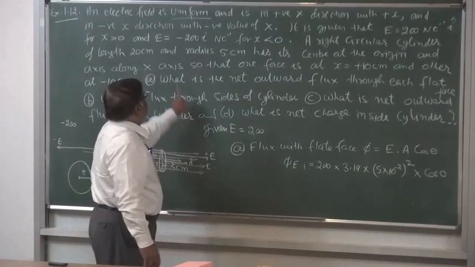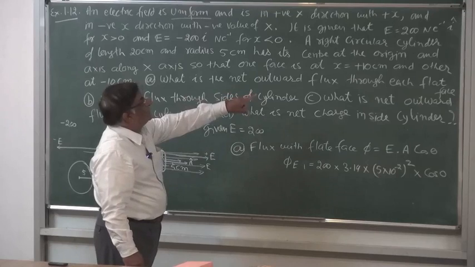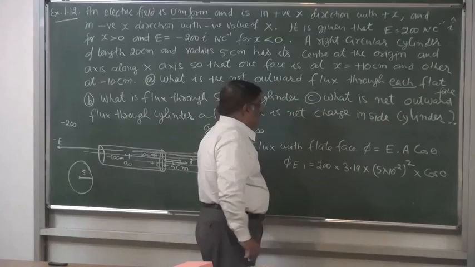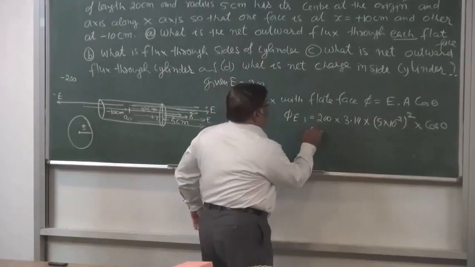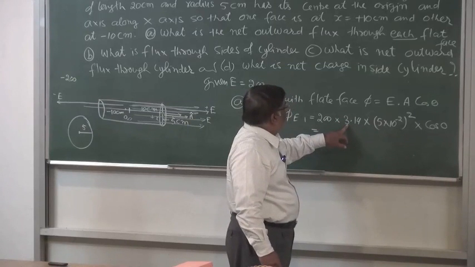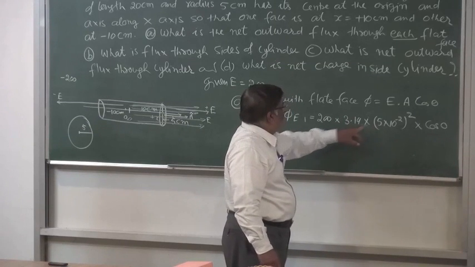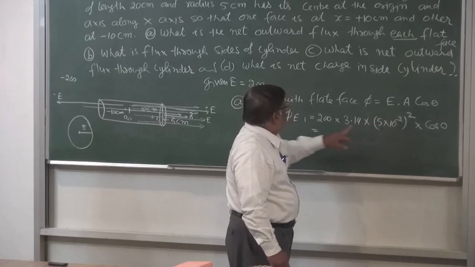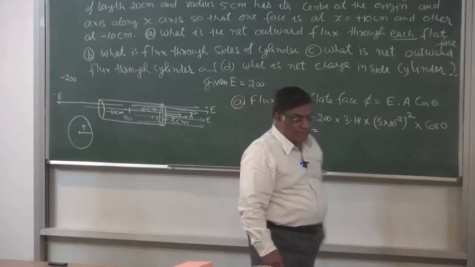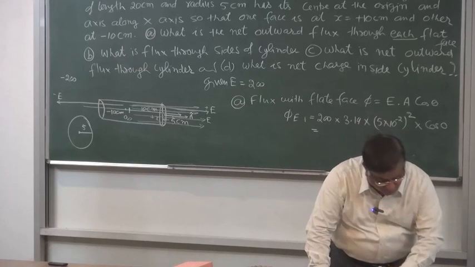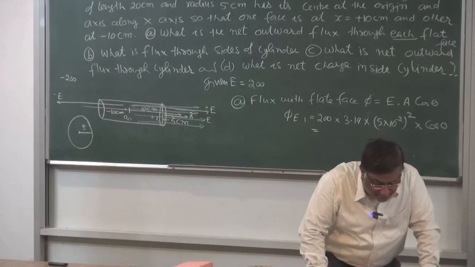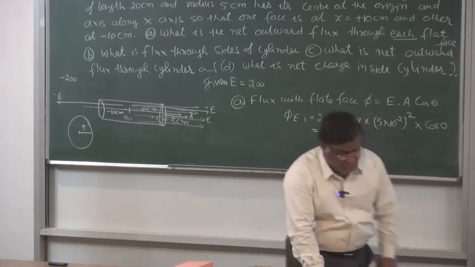So our first question is, what is the net outward flux through each flat face? Each. We have to find it for one, so we have calculated it, and if you multiply this, 5 fives are 25, 25 twos are this, and multiply with 3.14 and it comes to be 1.57. Yes.